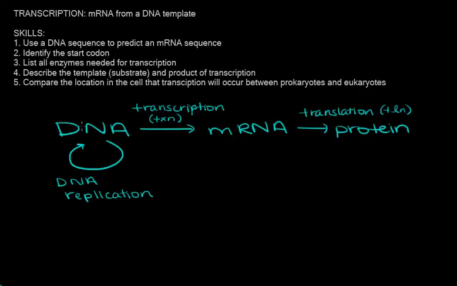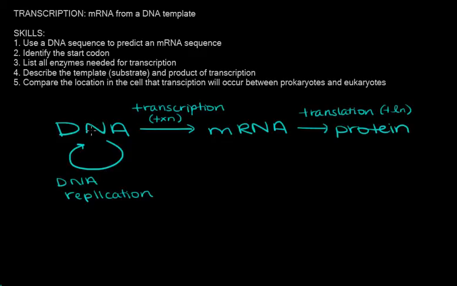Therefore, we can see that in the process of DNA replication that we already covered, we use DNA, because that's at the butt of the arrow, and then this arrow points at DNA again. So we use DNA as a template to make another DNA molecule. And we've already covered this, DNA replication, and those two molecules are identical.